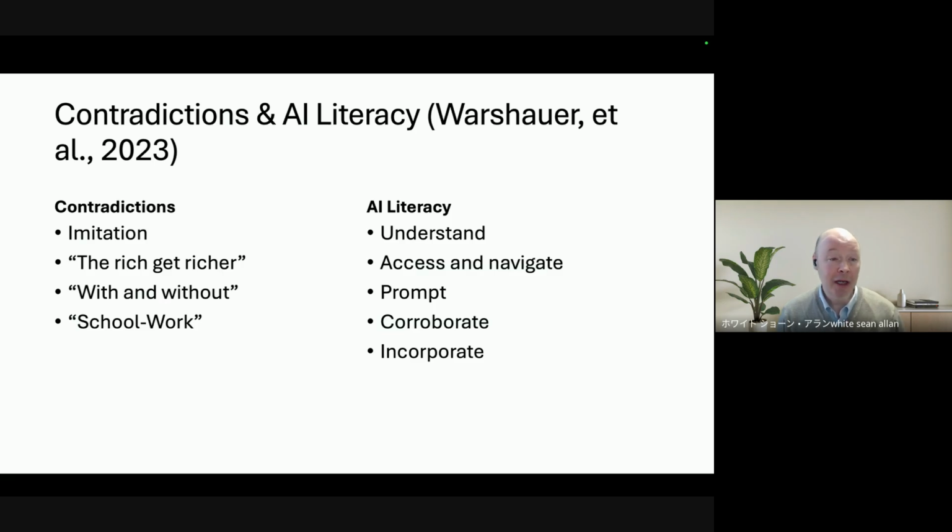Another paper, interesting, a little less abstract perhaps, but this is by Warschauer et al. They talk about the contradictions for second language learners using AI, and they're quite persuasive that we often will encourage learners to use these tools to learn language, but not too much, right?